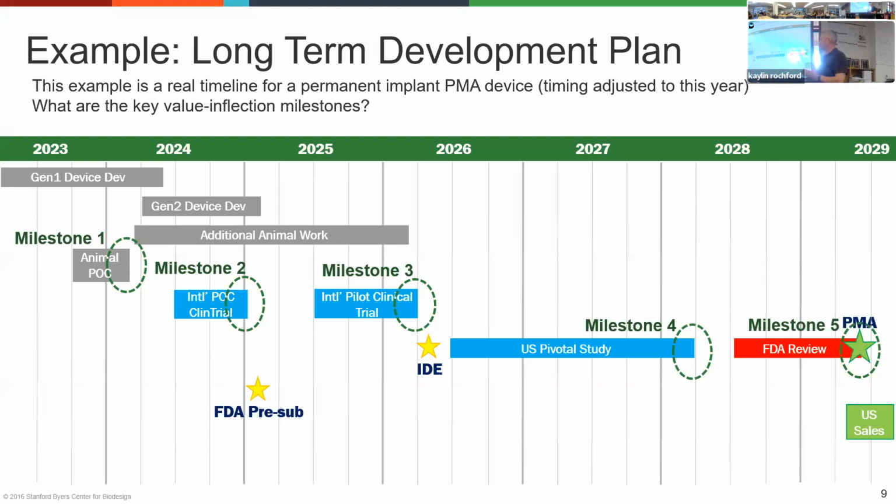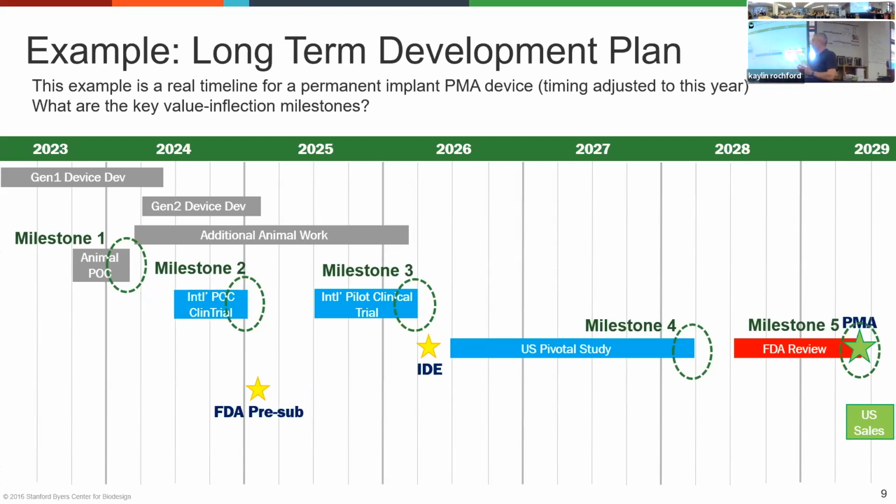Then once you get that data, if that all looks good and you're confident enough, and I think you want to be really sure before you start a big randomized study, you really need to have that confidence from those early studies that this is working well. We have a good idea what the outcome is going to be. So we're ready to start this big randomized study we're going to use for FDA approval and to launch onto the market.